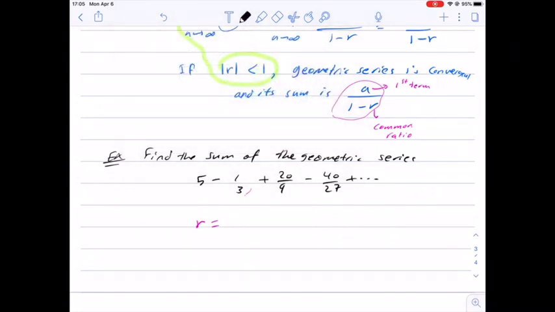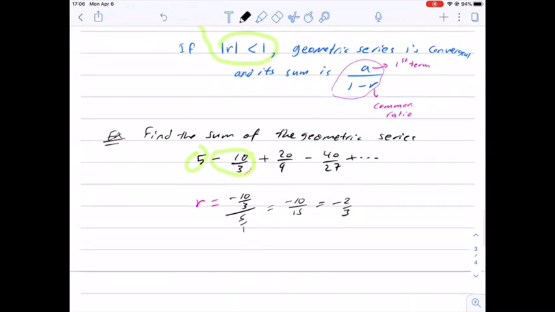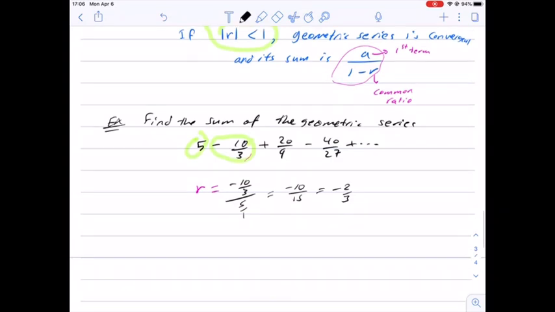Let me rewrite this as -10 over 3. So let's divide the second term by the first term to obtain r. -10 over 3 over 5 over 1, and that's -10 over 15. Simplify, you get -2/3. So this is the common ratio r.